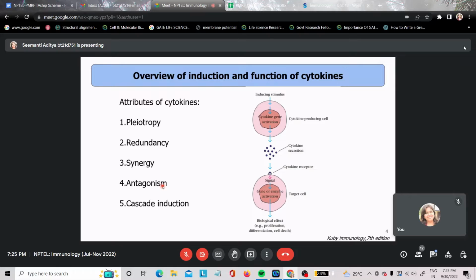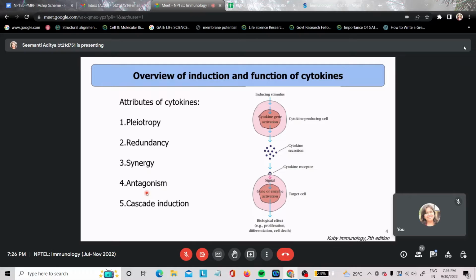Cytokines basically help in increasing any kind of response, increasing the gene expression leading to cell differentiation, proliferation, etc. So any interleukins that help in inhibiting that effect, inhibitory interleukins or inhibitory cytokines, are functioning as antagonists.